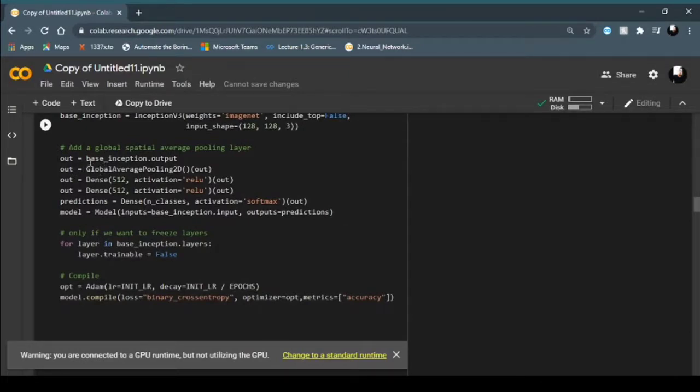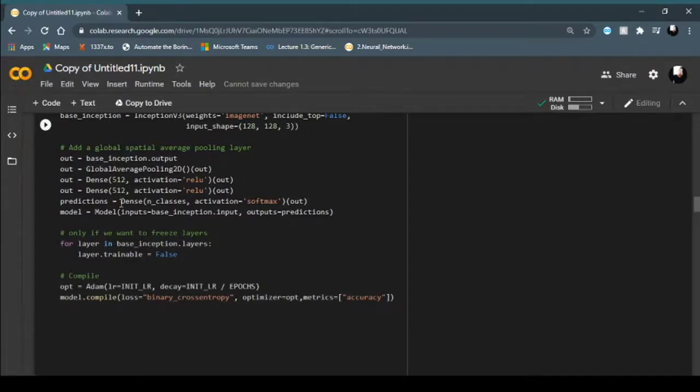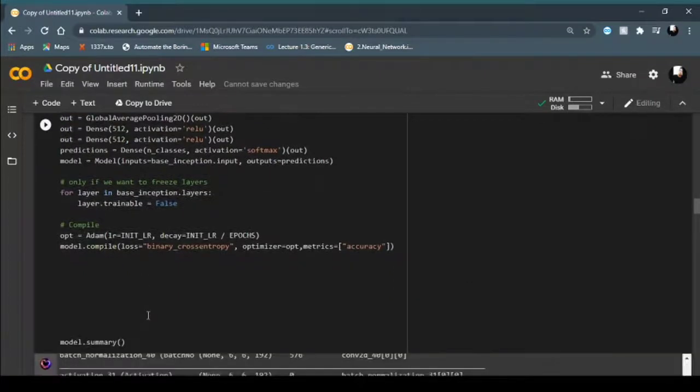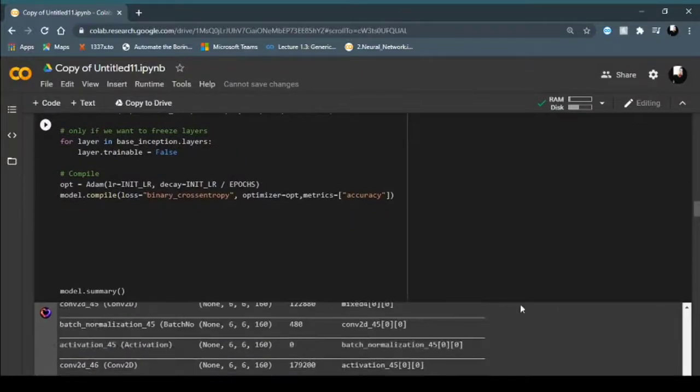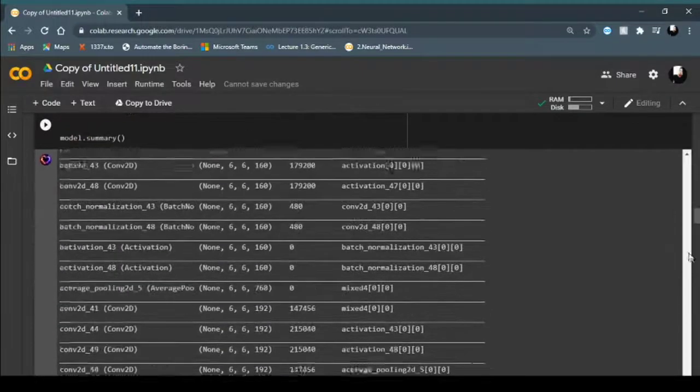Here is the CNN model which we built, which will be placed on top of this Inception model and will be trained on our dataset. We are using Adam as our optimizer and binary cross entropy as the loss function. Here is the model's summary.